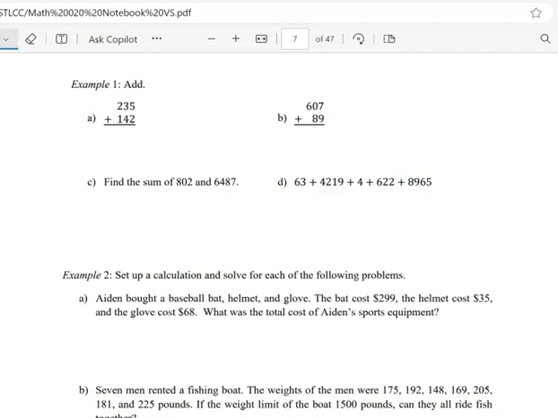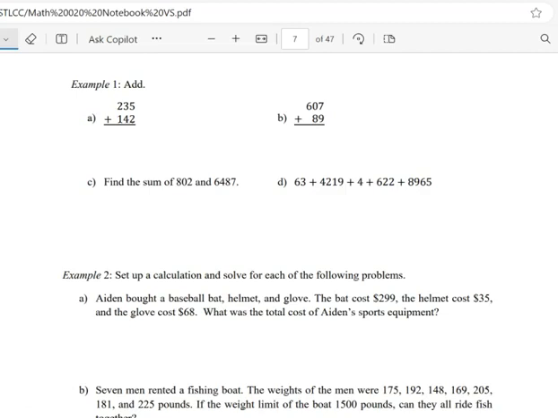Notice that in our first two examples, the problem's already set for us and the numbers are lined up with their digits under their respective place values. So you have 235 plus 142. The 5 and 2 are the ones in each of their respective numbers. So they line up: ones with ones, tens with tens, hundreds with hundreds.